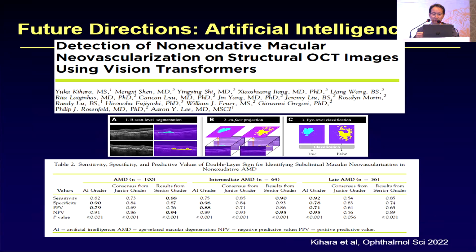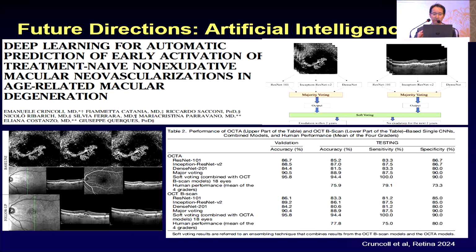Some further directions: we can consider using AI to help us detect these lesions. These lesions are very small, and you have to go through the scans one by one, which is quite time consuming. With artificial intelligence, they actually achieve very good results comparable with expert graders. You can also use deep learning AI models to see whether some of the lesions are high risk or not.